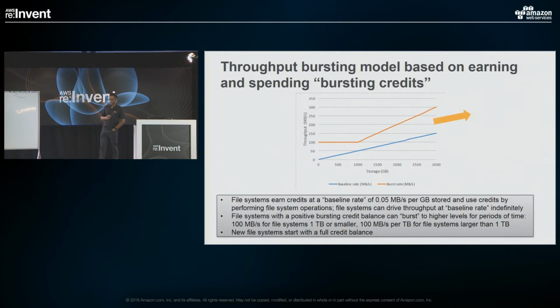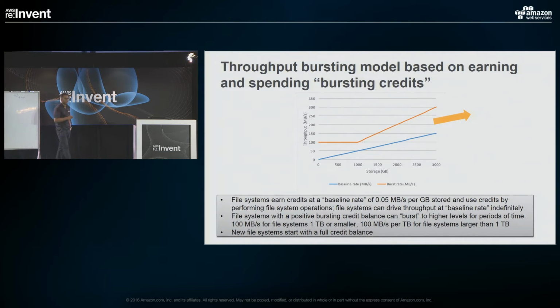And so it is represented by this particular graph. What this graph shows is basically the baseline rate that a given file system of a certain size has, and then the burst rate. The baseline rate is in blue, the burst rate is in orange, and what it shows is that generally you get about 5 kilobytes per second of performance per gigabyte. And so as your file system grows, the actual baseline rate grows along with it linearly.